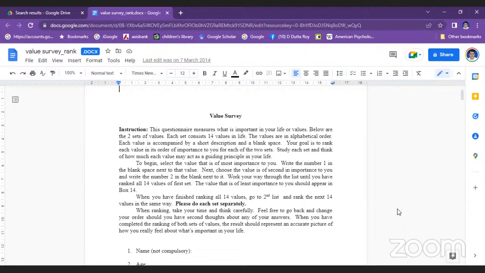Okay. For example, if I say cleanliness, cleanliness is the value. We have noted that our Prime Minister has given importance to the Swachh Bharat mission, and the Swachh Bharat mission is based upon the core value, that is cleanliness. So when we are talking about cleanliness, what is the meaning of cleanliness?